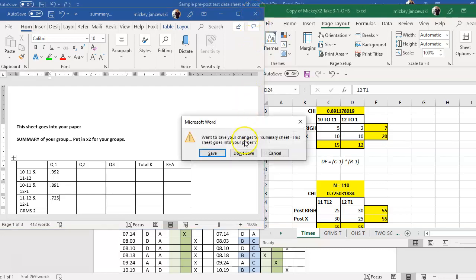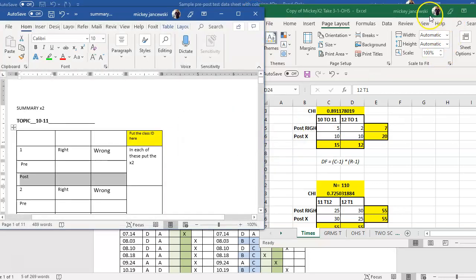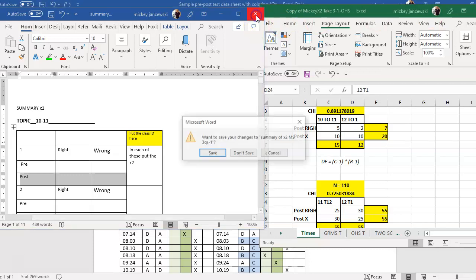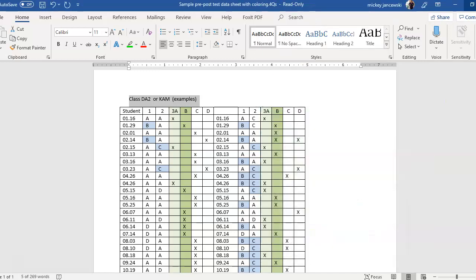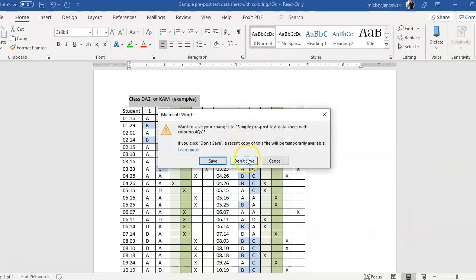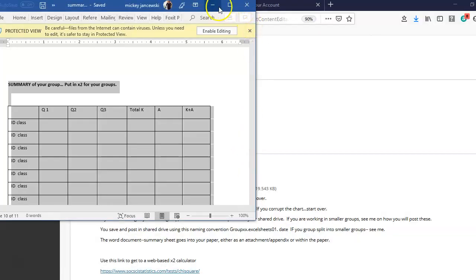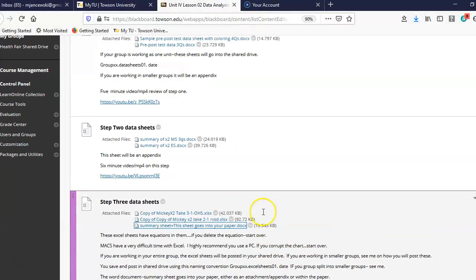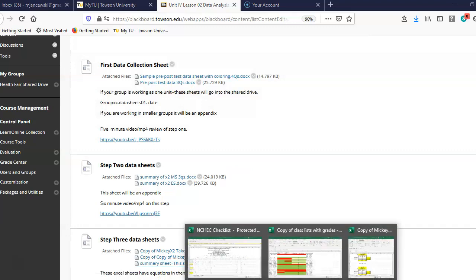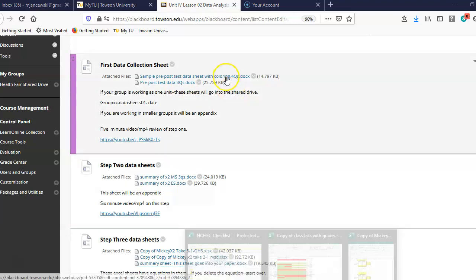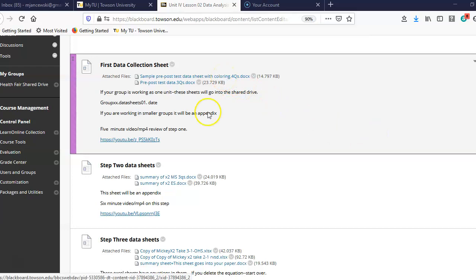Just to review, step 1 was putting in the sheet with the color squares of what's right and wrong.